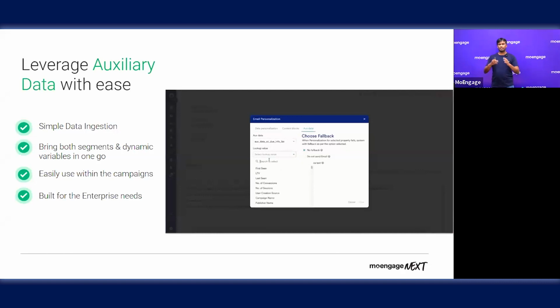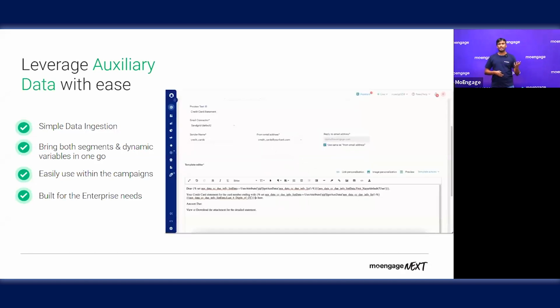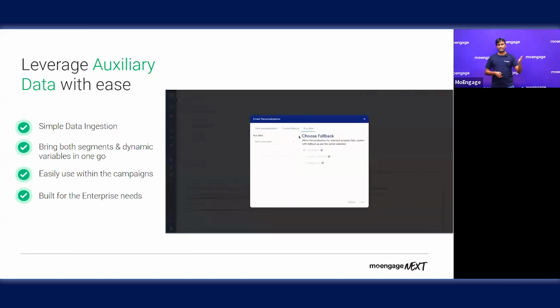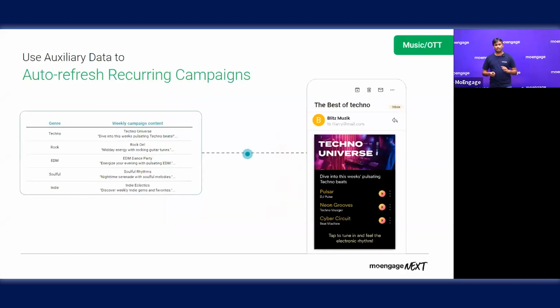As you can see in the image here, for a financial services company creating a credit card statement campaign, you can create an auxiliary data table for your credit card statements, set up an automated sync, and then reference it within the campaigns. This product is very well built for enterprise needs as well. At the same time, the auxiliary data model is a very flexible data model. It has applicability for various verticals.